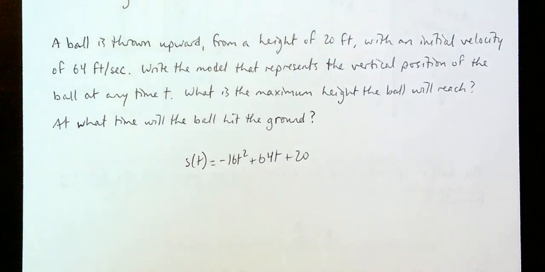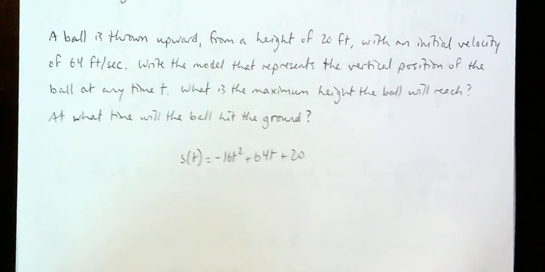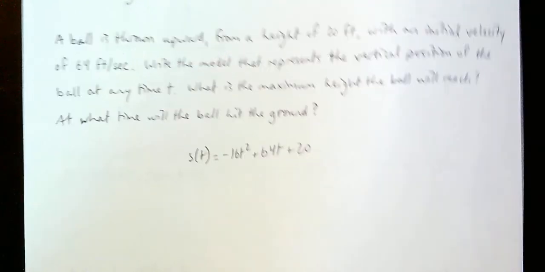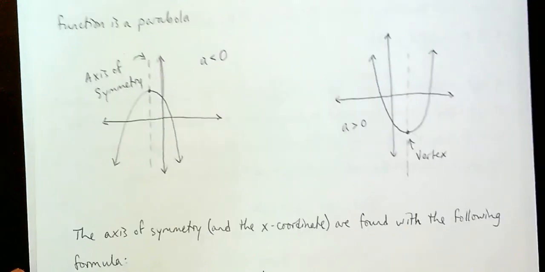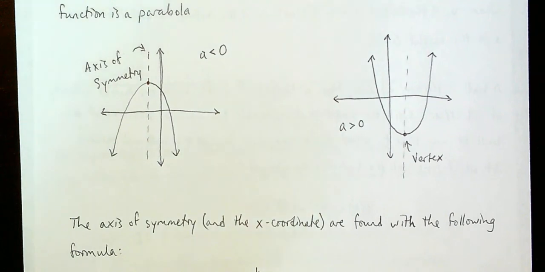So there's part one. We have the model that represents the vertical position of this ball at any time t. Part two, what is the maximum height the ball will reach? If we think back to the beginning of this video, we said that if you have a parabola that opens downward, as we do on the left-hand side here, then the vertex is going to be the highest point on the graph of our function.